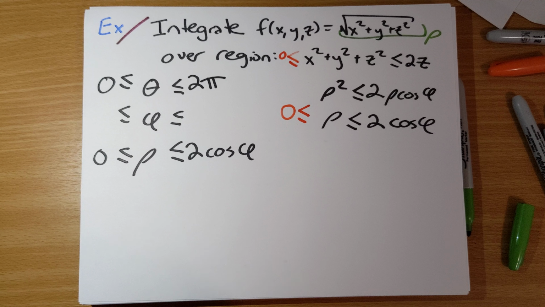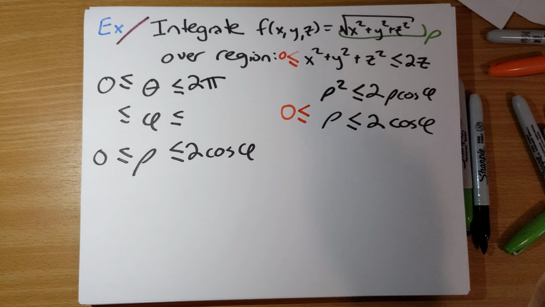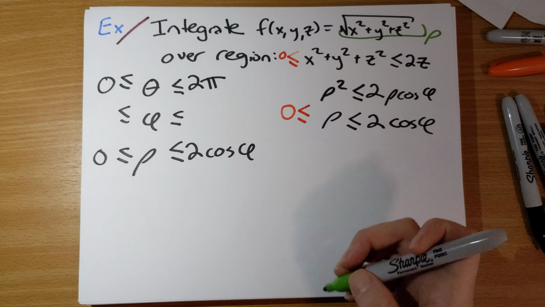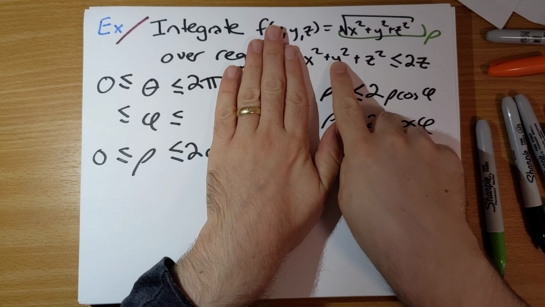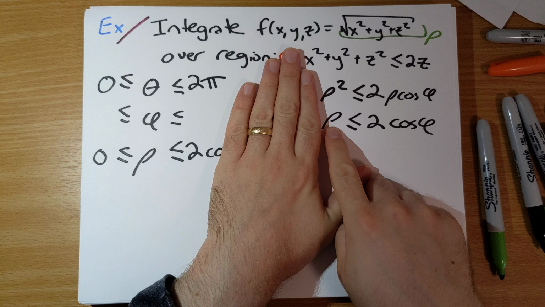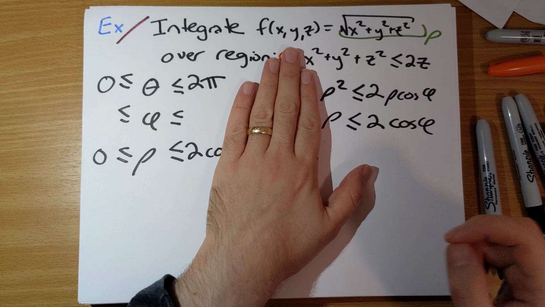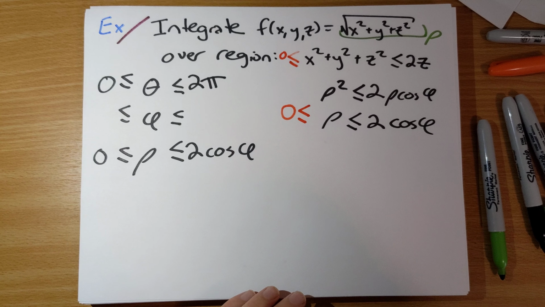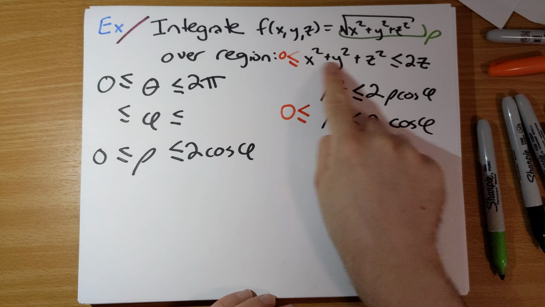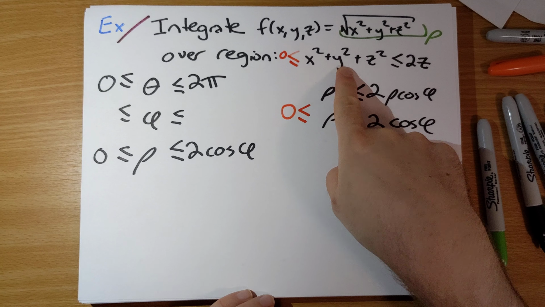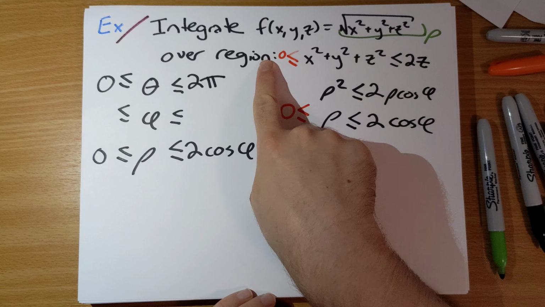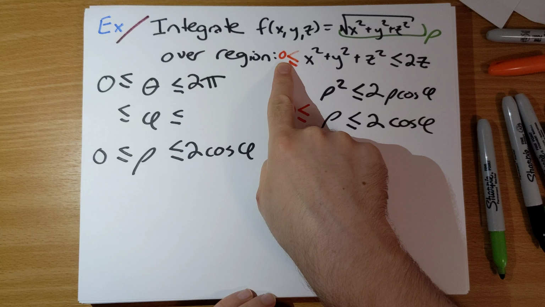What about phi? Here's maybe the interesting thing about phi that we have to catch. If we just look at this, it looks like it's telling us rho is less than or equal to 2 cosine phi, but this also gives us a bound on phi. Because x squared plus y squared plus z squared is never negative, this whole thing is greater than or equal to 0.